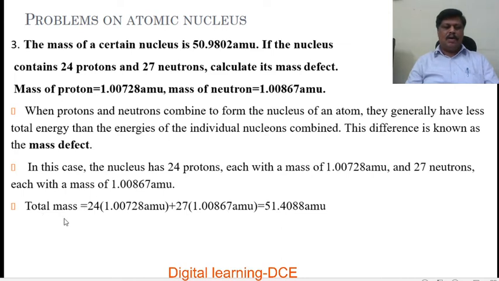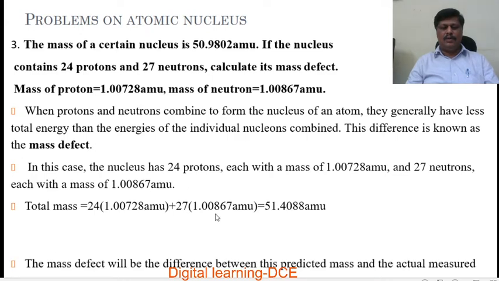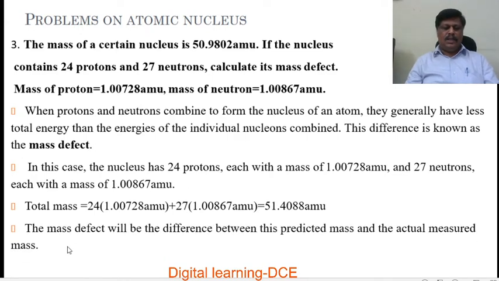So total mass is equal to total mass of the protons, 24 into mass of each proton, plus total mass of the neutrons, 27 into mass of each neutron, gives 51.4088 AMU, that is total mass of the nucleus. The mass defect will be the difference between this predicted mass and the actual measured mass.